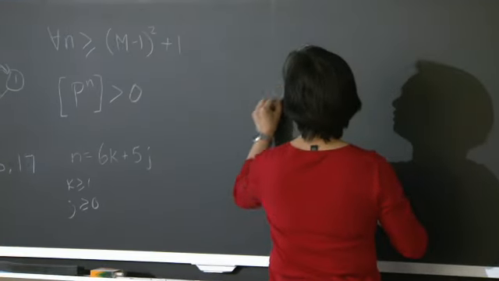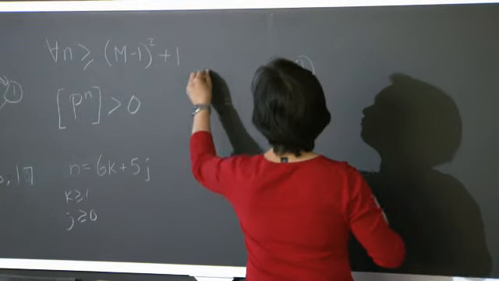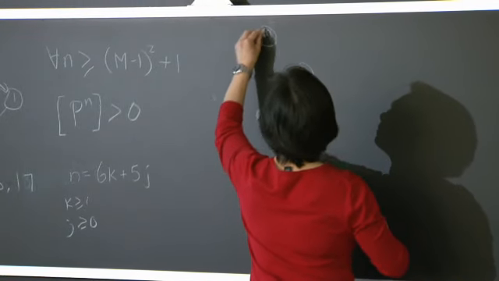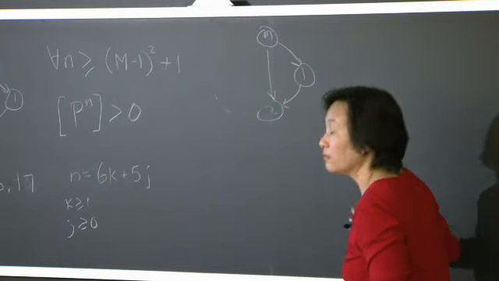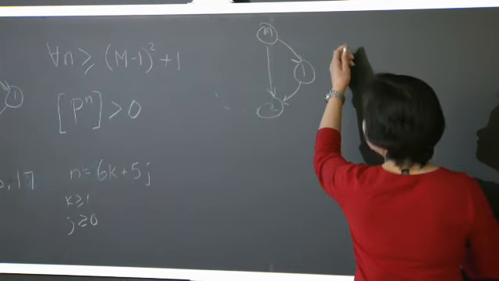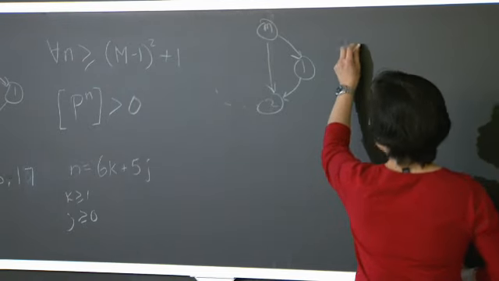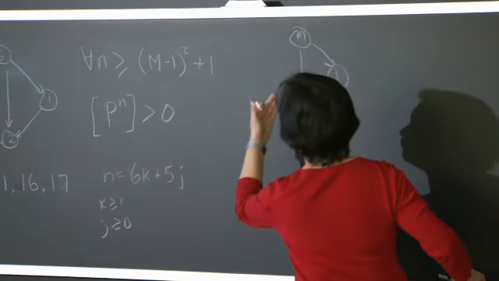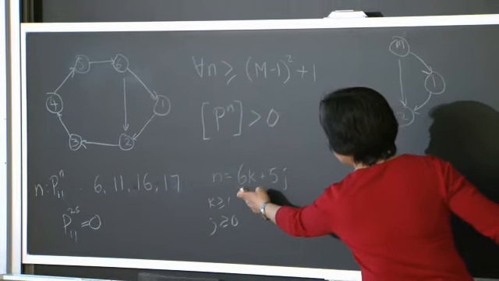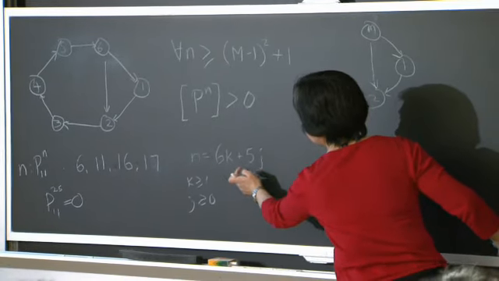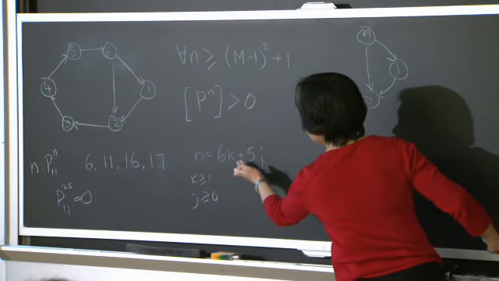1, okay, that goes to 2. You're forced to go to 2, and so forth until state m, okay? And then this m is going to go back to 2 or it's going to go back to 1. All right. So in other words, the worst case is if n has to be some combination of mk plus (m minus 1)j.